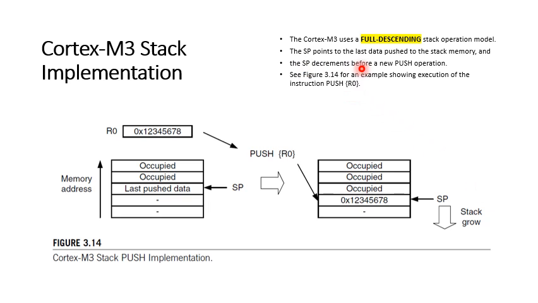Now if you consider the example, suppose R0 has the value 0x12345678 hexadecimal. Whenever you push R0, the SP, wherever it is currently pointing, will be decremented, and there it will hold this value. This is the overall push operation.